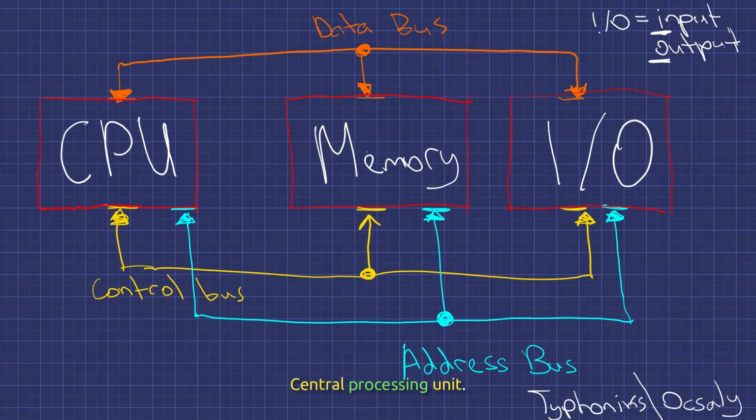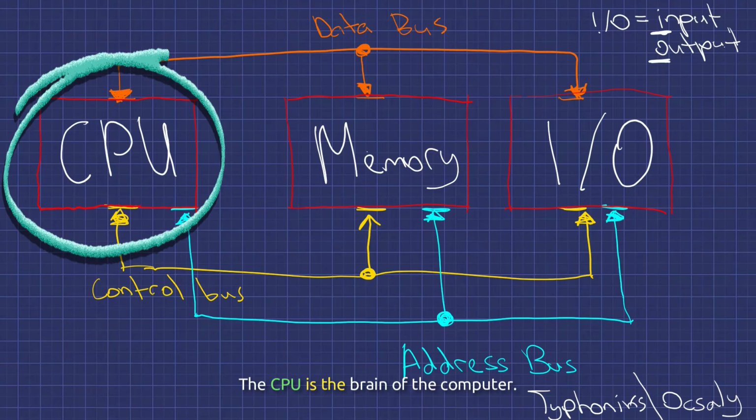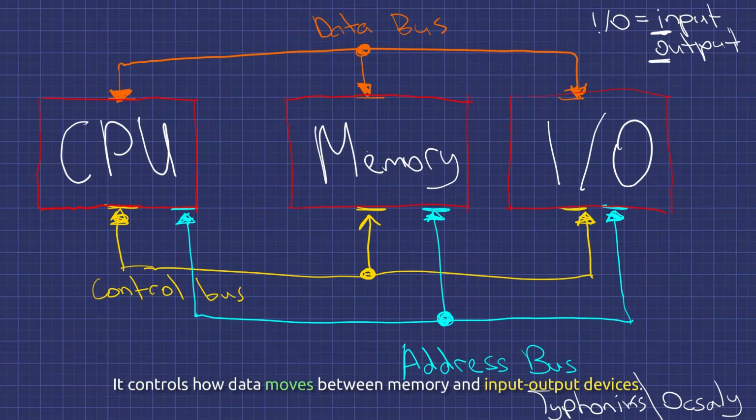Central processing unit. The CPU is the brain of the computer. It controls how data moves between memory and input-output devices. It performs both arithmetic operations like addition or subtraction and logical operations like comparing values or making decisions.